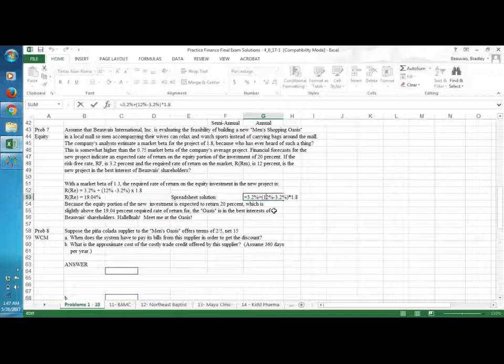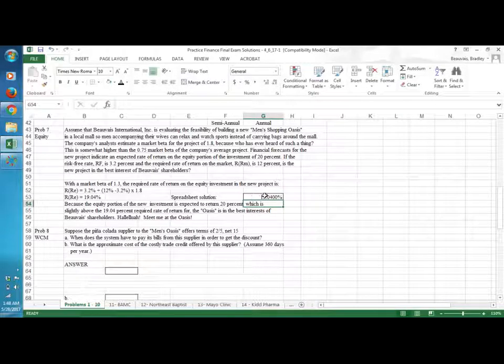For this particular project, we're looking at our risk-free rate as we've done before. Here's my expected rate of return on the market minus the risk-free rate, and I'm multiplying it by the 1.8 beta for this particular project. With this in mind, I end up with 19.04%.